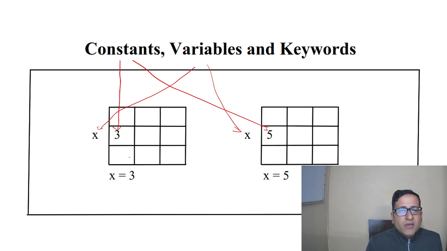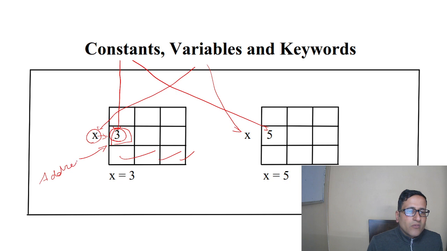Because in our processor we have the memory locations. In ROM, EEPROM or RAM we have the memory locations. So this name is called the variable, this data is called the constant value, and this space has some address also. This we will study in further lectures, that this address is this location's address, or you can say this data's address.